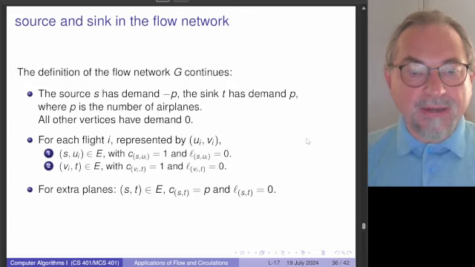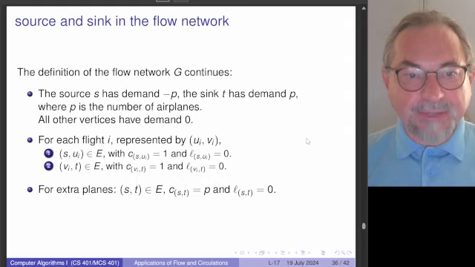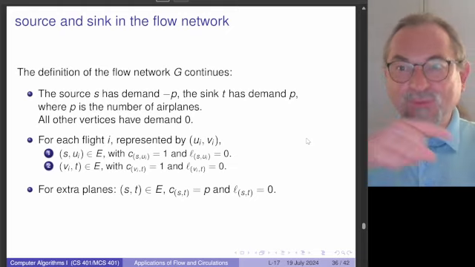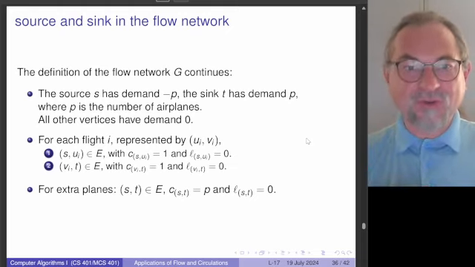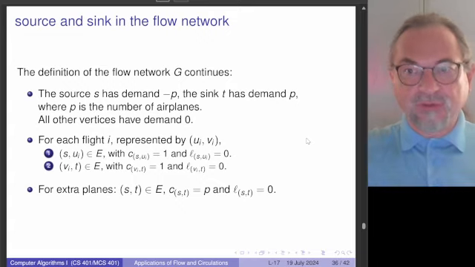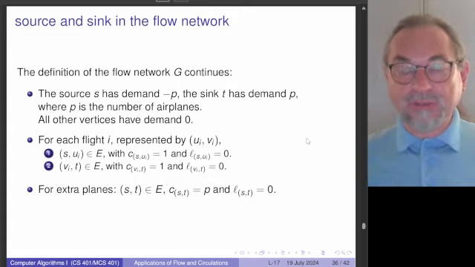So we can incorporate extra planes. In order to make this a circulation, we need to have that we don't lose any planes. So we have a demand of negative P, but you could also not use certain planes.